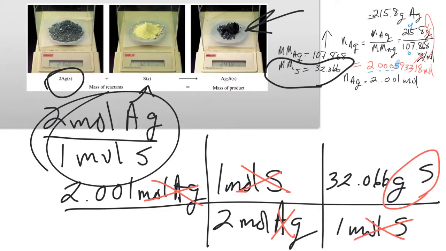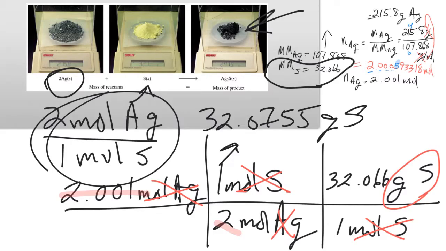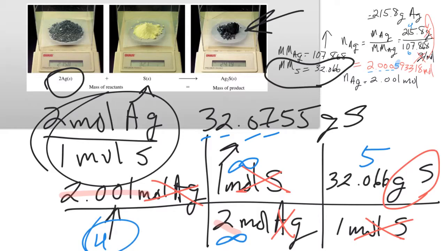Well, you can see basically 2 divided by 2 is 1. But when you do the entire calculation, you get 32.0755 grams of sulfur. Now we have 4 significant figures. We have infinitely many for the mole ratio. This is 5. Your answer is going to be 4. So we have 1, 2, 3, 4 significant figures, and we look at the 5th.